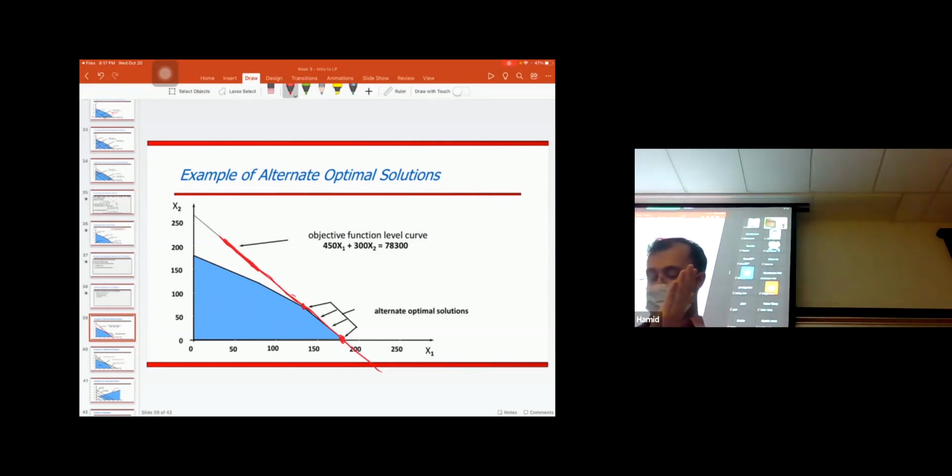So these two corners are the rightmost points, so I have maximum values, and both of them are optimal.